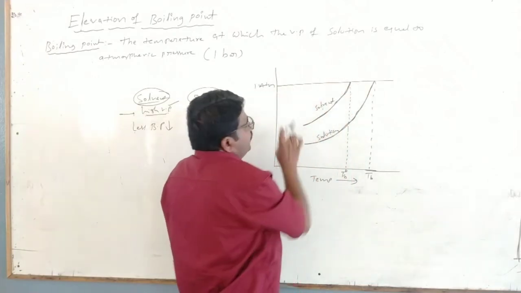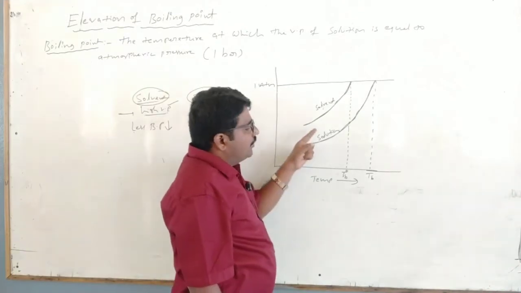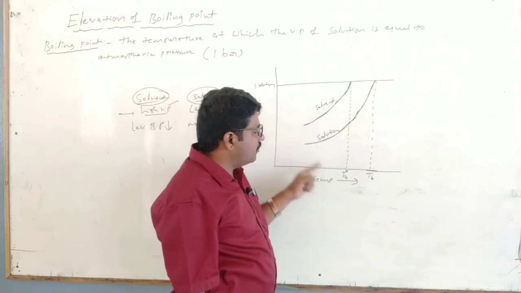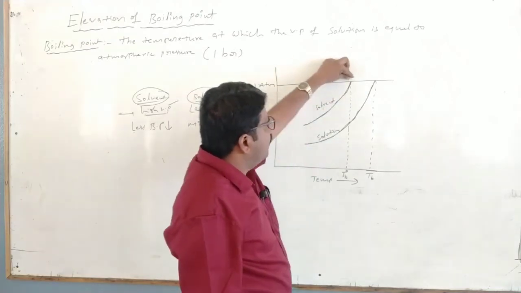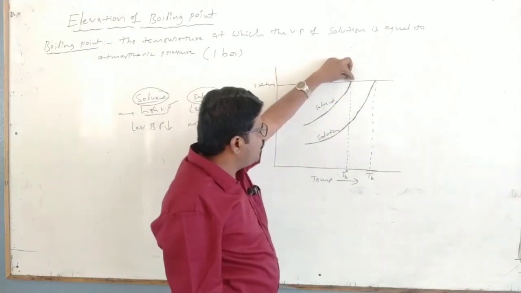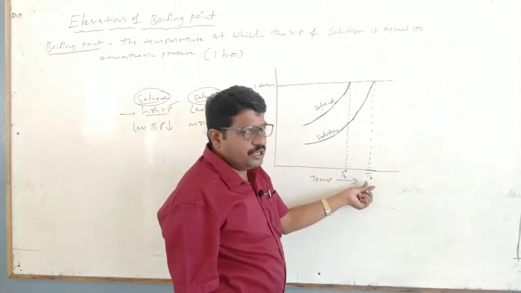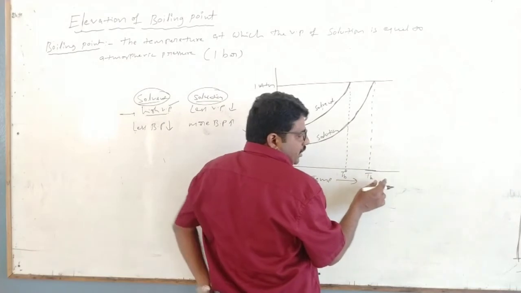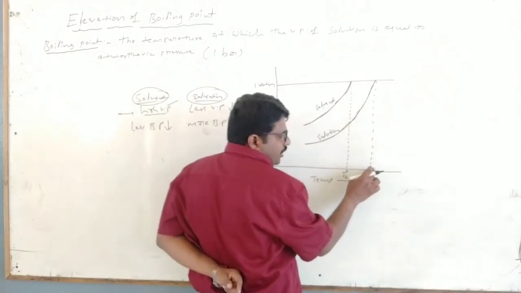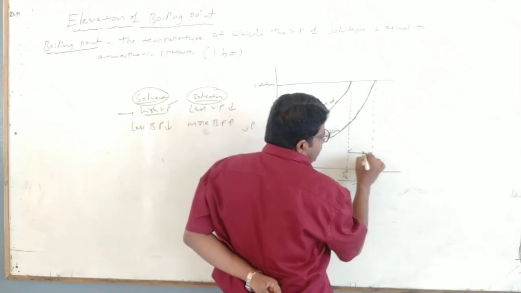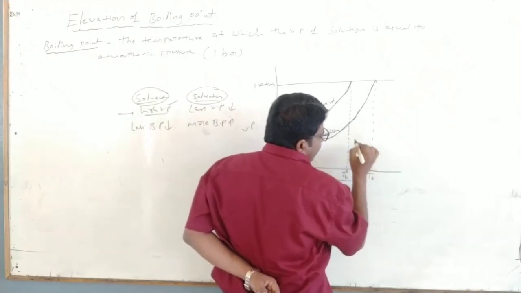What is the boiling point? The temperature at which the vapor pressure of the solution is equal to the atmospheric pressure. This point indicates the boiling point of the solvent, and this point indicates the boiling point of the solution. The difference between the boiling point of the solution and the solvent is called elevation of boiling point, delta TB.